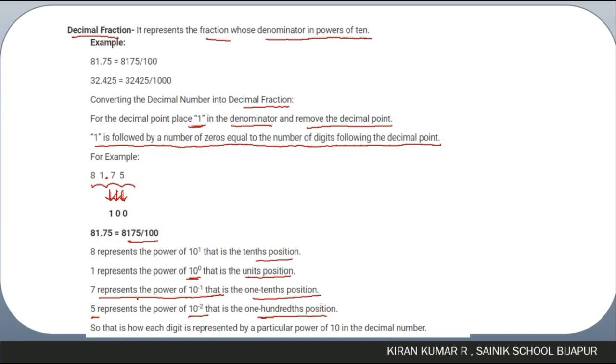So each digit is represented by a particular power of 10 in the decimal number.